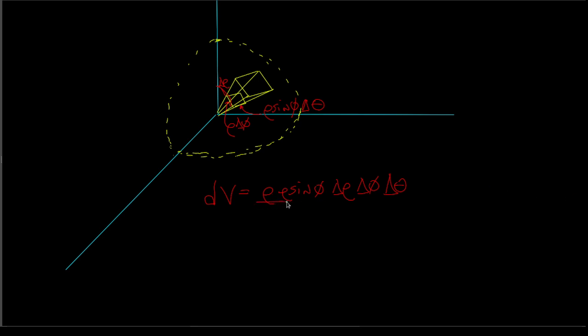And if I combine these together, then I'm going to get a rho squared sine phi dr d phi d theta.